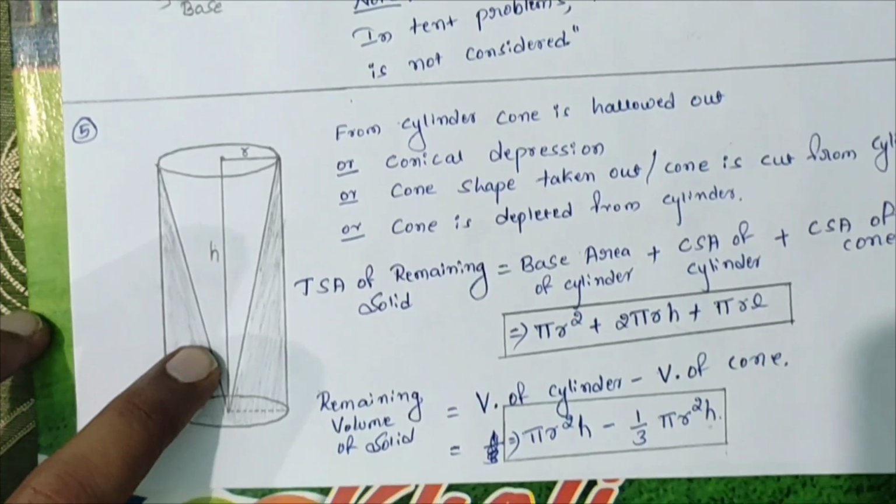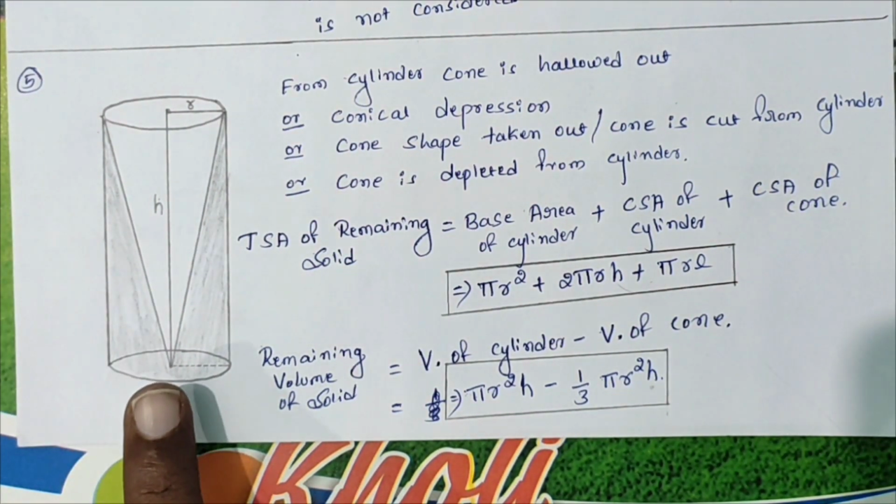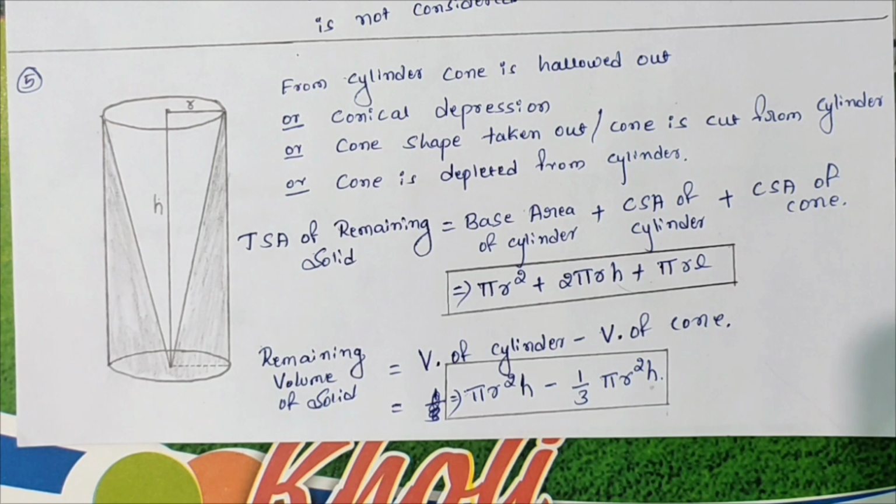Now one more interesting topic. From a solid cylinder, a cone of the same height and same radius is taken out, or hollowed out or depressed, then the diagram I am going to get is like this at the end.